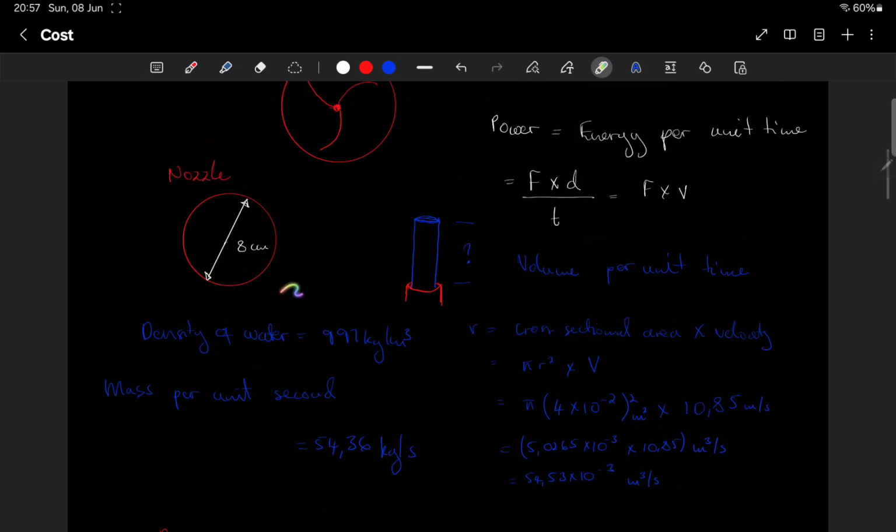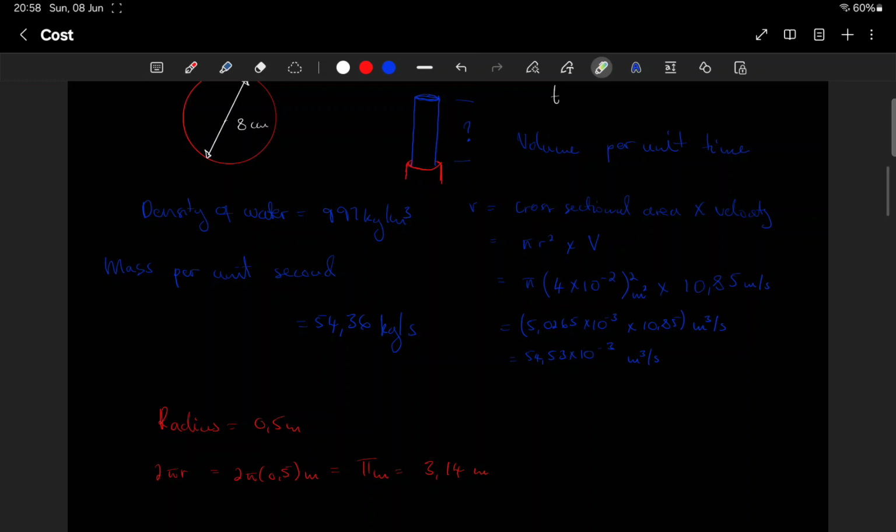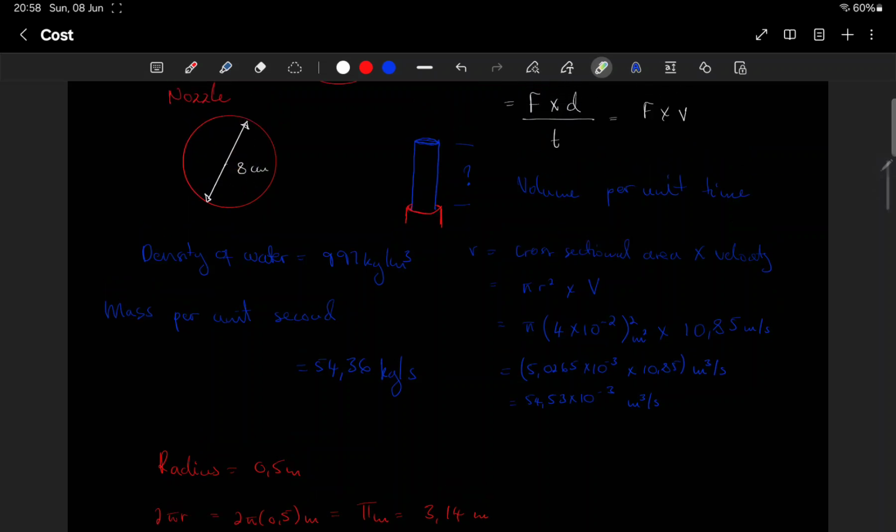Assuming each of those pumps has a nozzle size of about 8 centimeters, I thought maybe it could be half my hand size.